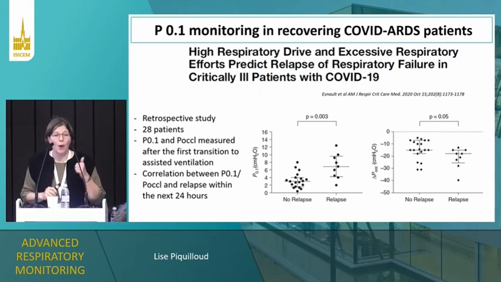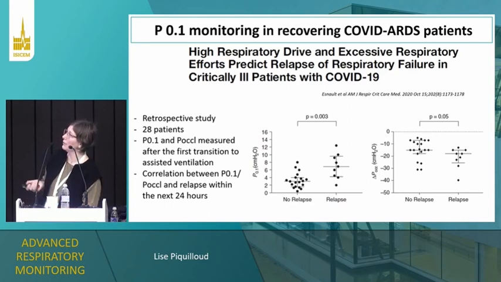And there is one paper in the literature that used this concept in monitoring the patients and correlated with clinical outcome, short-time outcome. It was during COVID. And this group, in a very small group of patients, 28 patients, measured PO1 and occlusion pressure the first time they switched their patient from controlled to assisted ventilation.